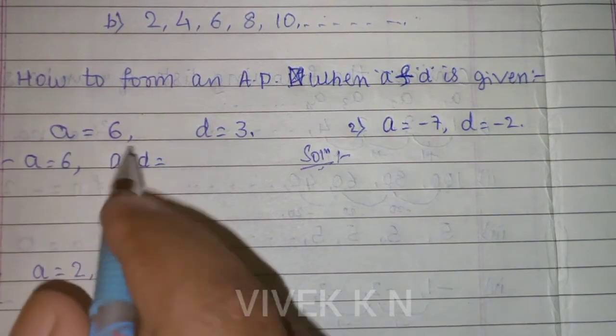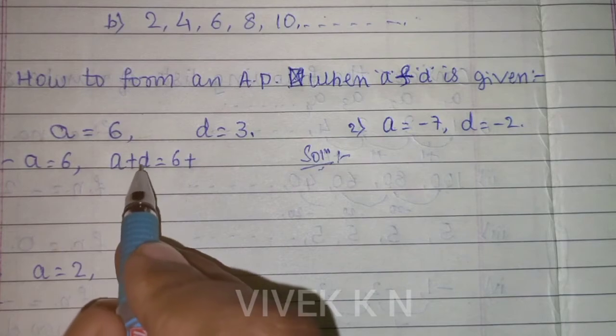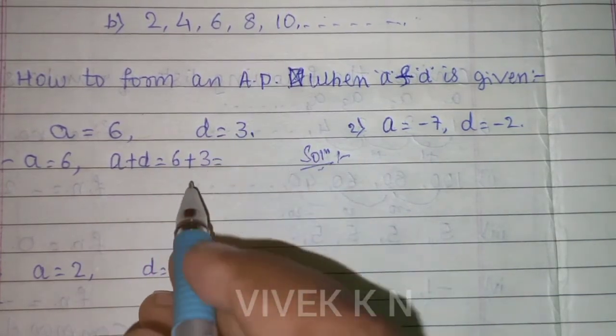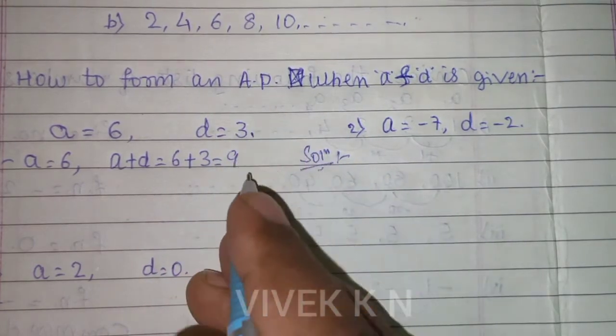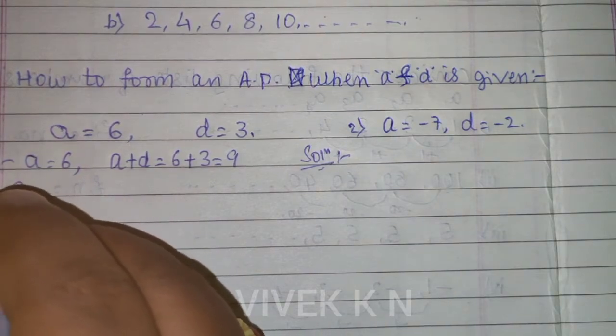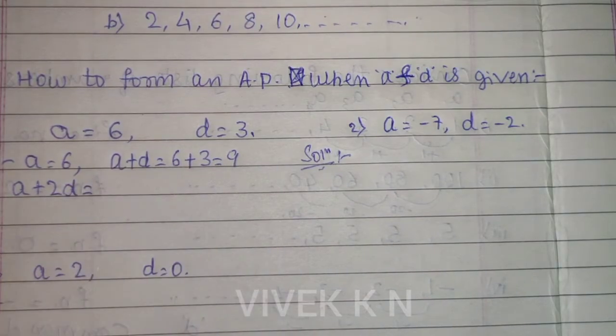Value of A is 6 and value of D is 3. 6 plus 3 is nothing but 9. This is the second term. Next, third term is nothing but A plus 2D.